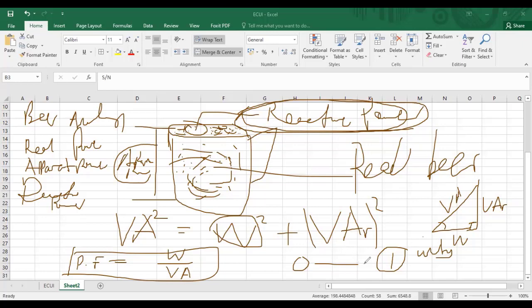Because of these losses, it's only in an ideal situation that you can say the power factor is 1. When you are using electrical devices, there are losses. So power factor is between 0 and 1. You can have 0.8, 0.9, 0.7, 0.6. Going forward, we will talk about the effect of these power factors.